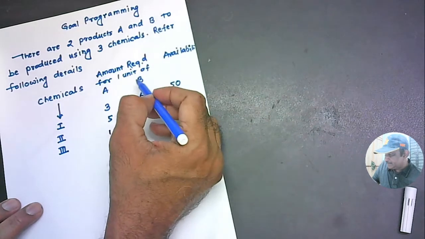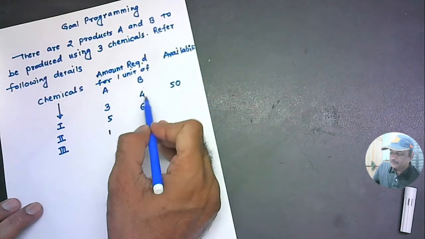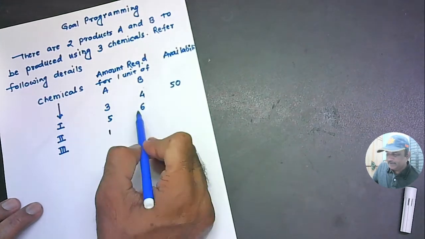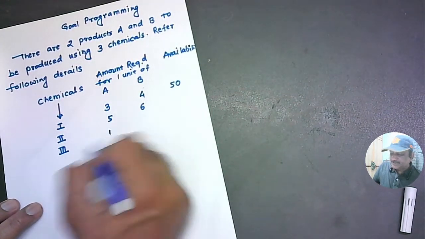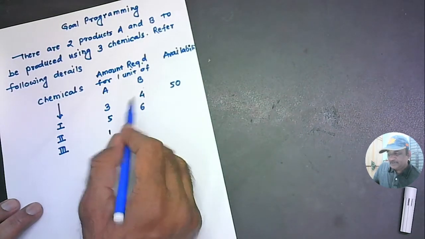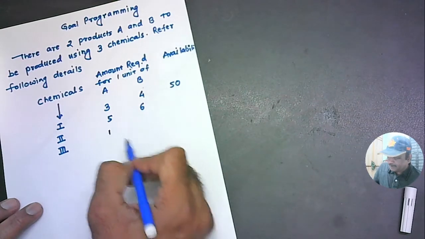As nothing is mentioned about chemical 3, we'll assume that B doesn't require any unit of chemical 3.